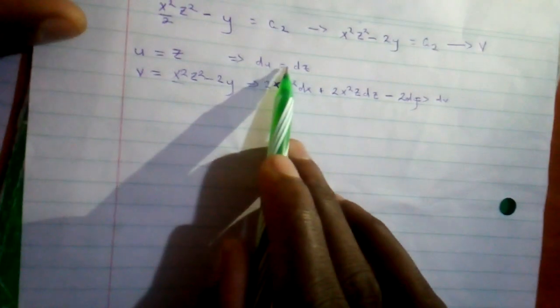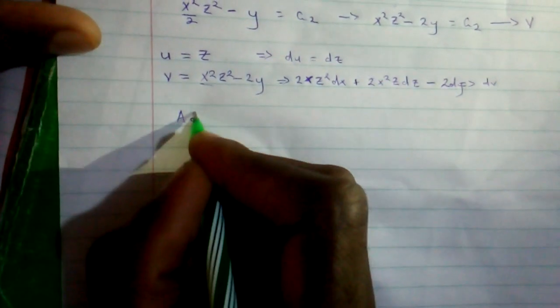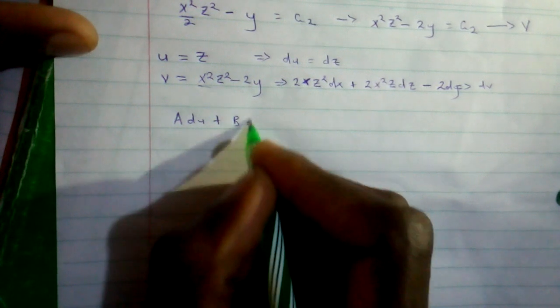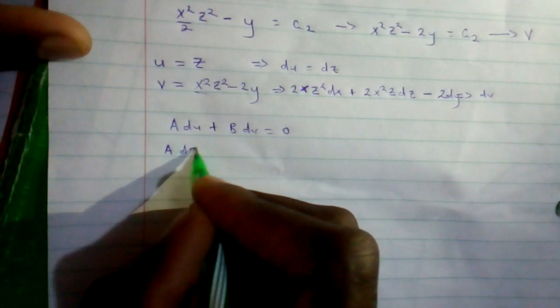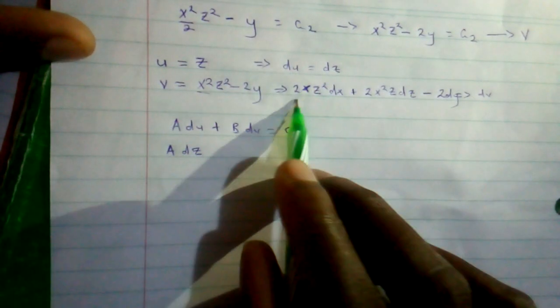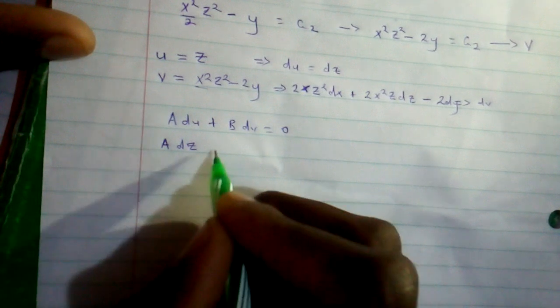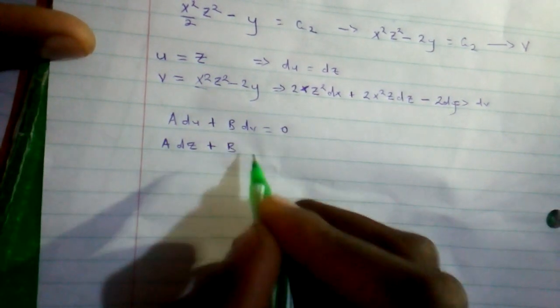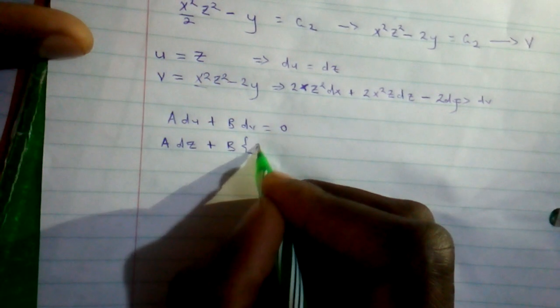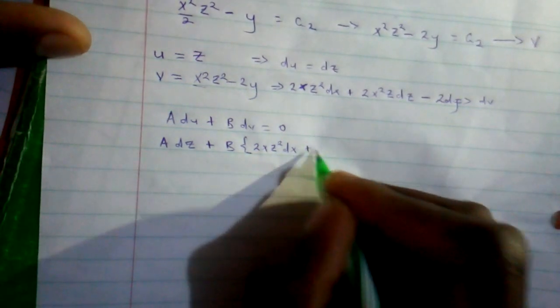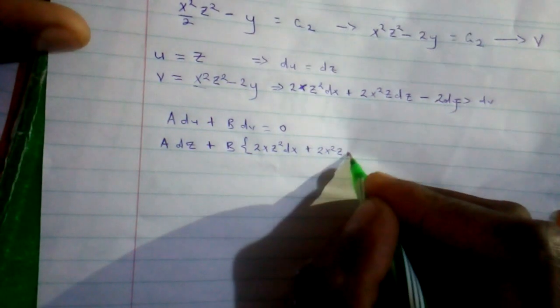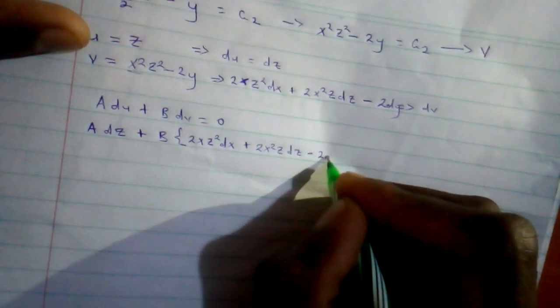Getting our dv and du, we substitute in the equation that we're going to formulate, that is a du plus b dv is equal to 0. That will be a dz, since our du is equal to dz and our dv is all of this. That will be plus b into 2xz squared dx plus 2x squared z dz minus 2 dy.